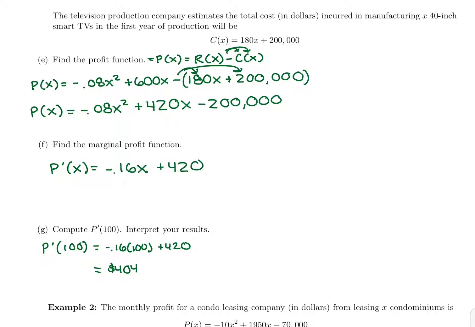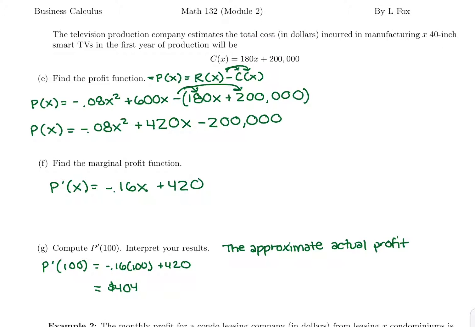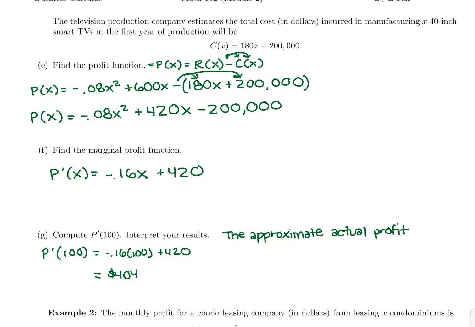I want to remember our output is money for these. X is 100 TVs. Our marginal profit is 404. What does that mean? Remember, marginal approximates actual for the next unit. So we would say the approximate actual profit, because marginal approximates actual. Well, when we were doing cost, we would say from making or producing, but for profit, you have to sell.